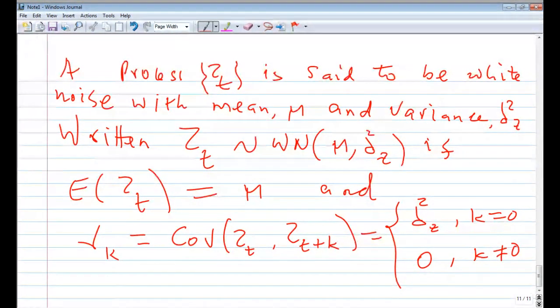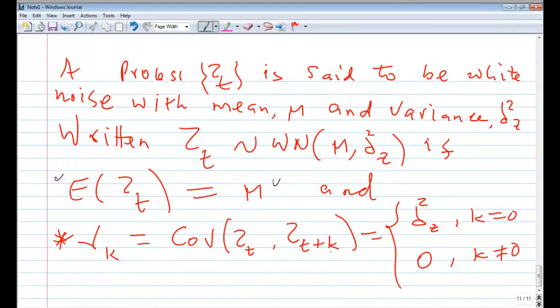Let me explain this part so that you can understand it. Starting from here, the expected value of Z_t is equal to mu. I think this one is clear. But when you come to gamma k, the autocovariance at lag k, which is equivalent to the covariance of Z_t and Z_t plus k, is equal to what?